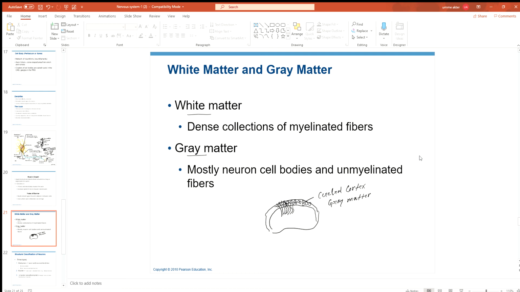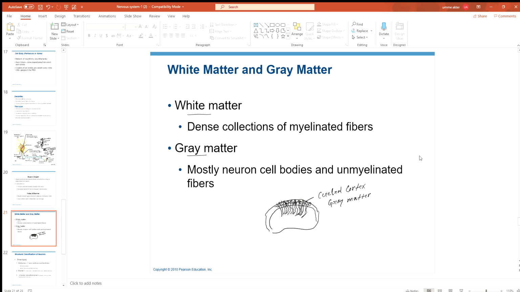Remember that in the cytoplasm of the cell body you have dark granules called Nissl granules. So all these cell bodies are filled with Nissl granules.